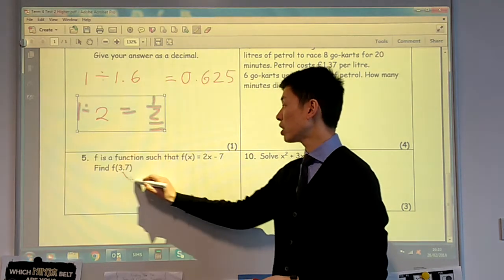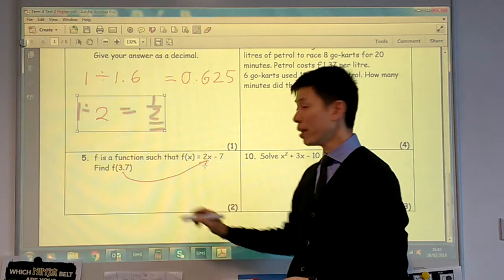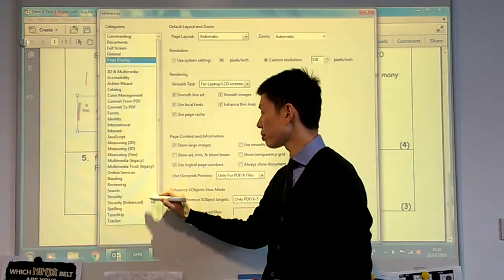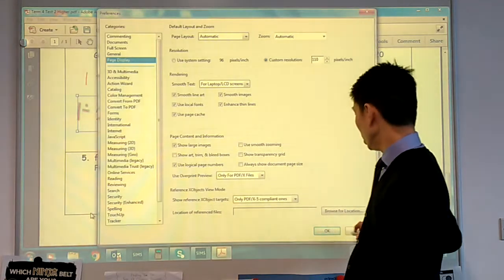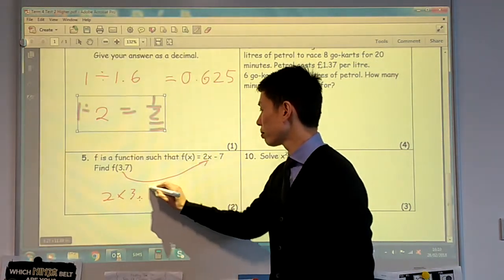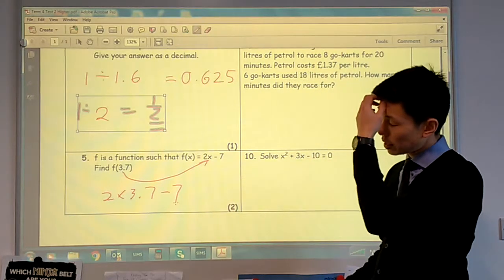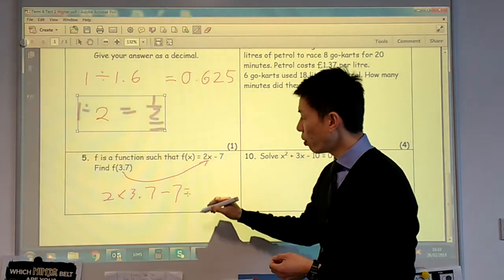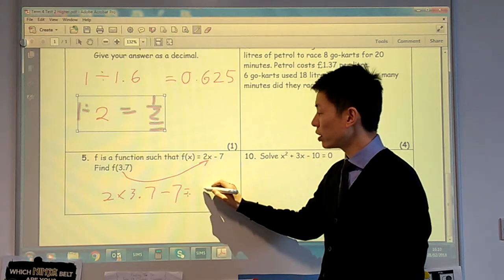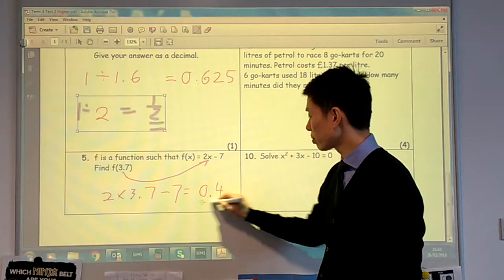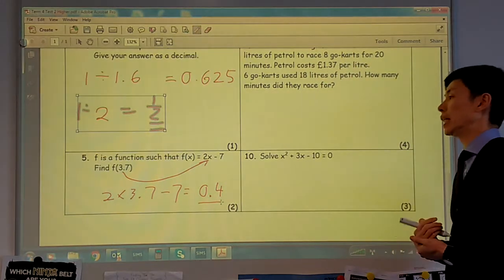So it's basically substitution. It's 2 times 3.7, and then minus 7. So 2 lots of 3.7 is 7.4. 7.4 take away 7 is 0.4.